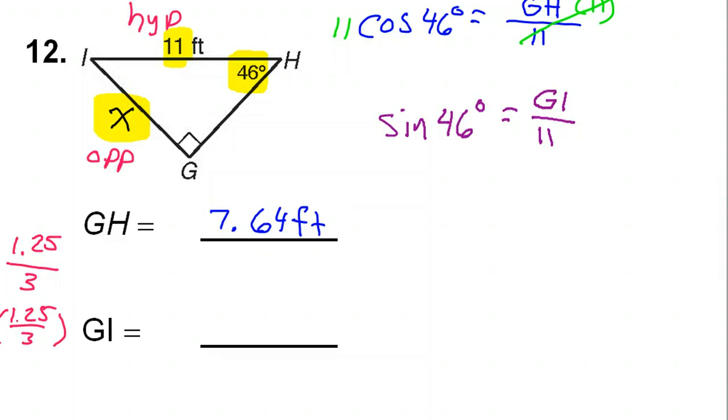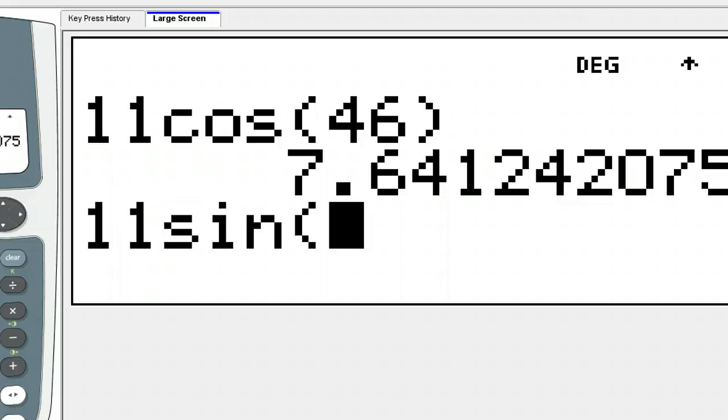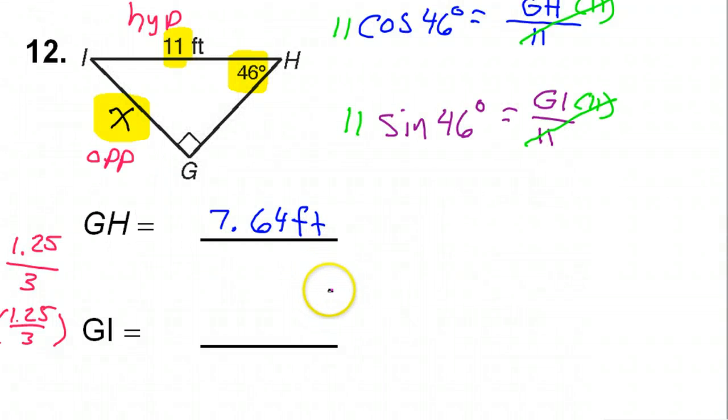Once again, I multiply by 11 on both sides, so GI will equal 11 sine 46. That is 7.91 feet. Let's keep with the units.